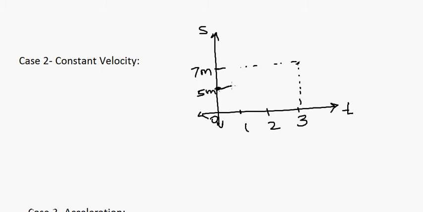This is going to be a straight line. This is not going to be a curved line. This is going to be a straight line, as the displacement increases at the same rate as the time increases. So it's going to be constant. It's not going to be wavy. It's going to be constant, as there is a constant increase in displacement.